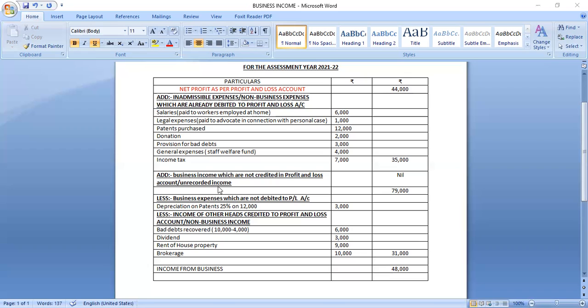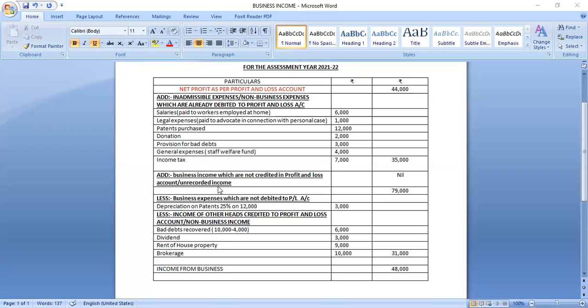If it is life-saving medical equipment, you have to calculate 40%. So you have to remember some important depreciation rates given in the table. If it is a computer, you have to calculate 40%.